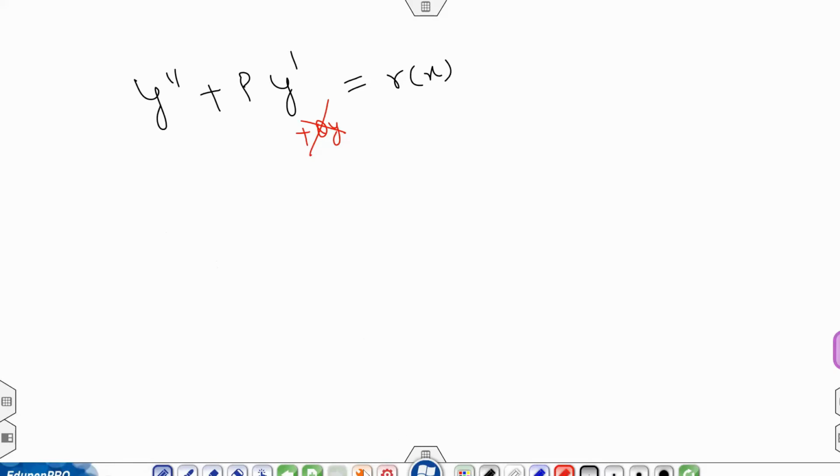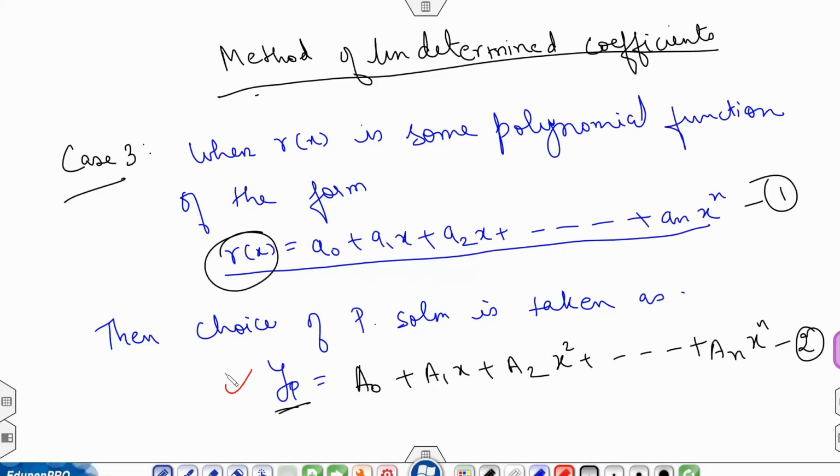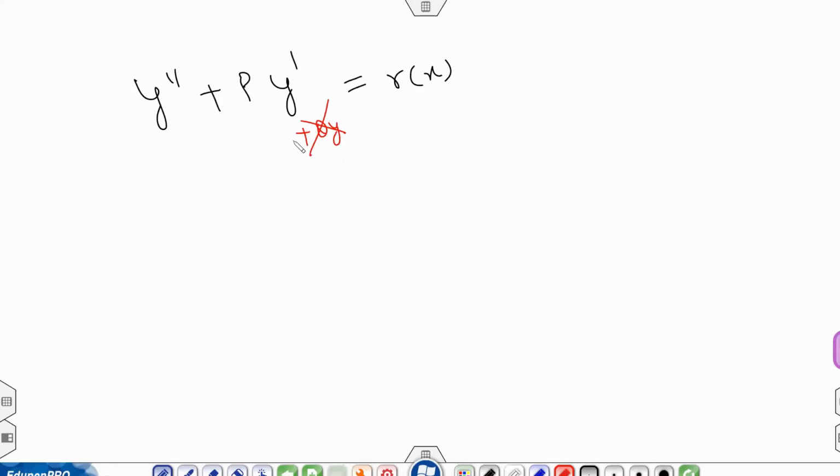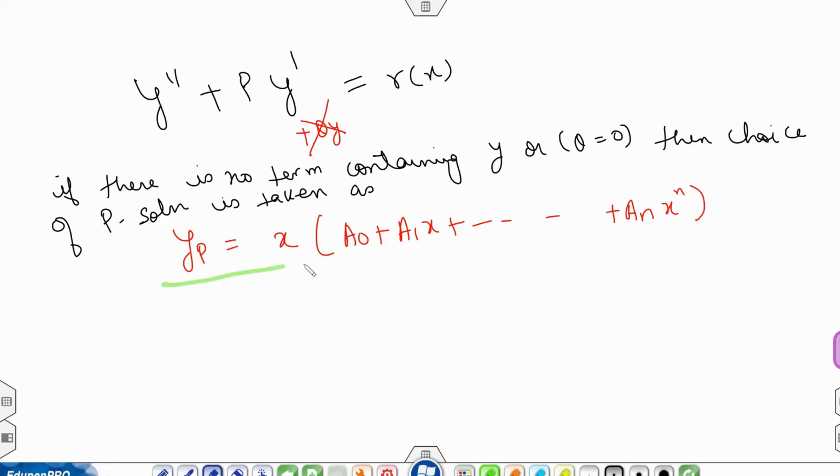That is, this will be the trial solution. If there is no q, or q is 0, then yp will be taken as x times (a0 plus a1x till an xⁿ), right? So this will be your particular solution in this case.